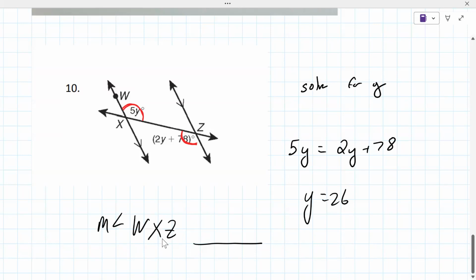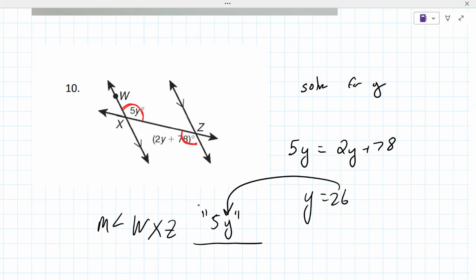What's the equation for it? 5y has something to do with it, right? Yes, it is 5y. But you want to put your y value back in. That's what I'm trying to get you to do.